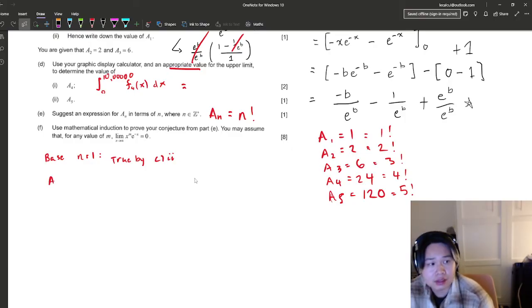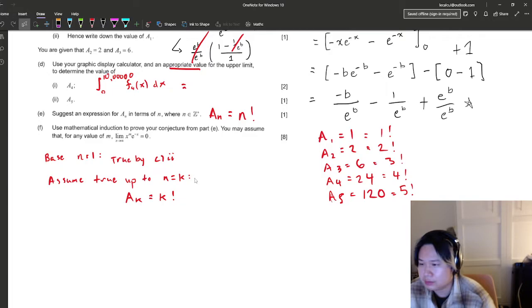So then we can assume this is going to be true up to n equals k. So in other words, we know that a of k is going to be k factorial.